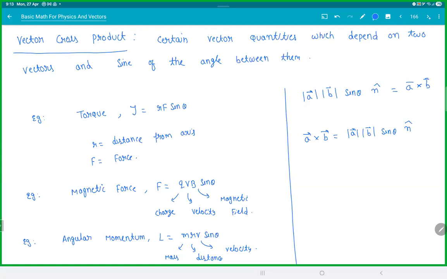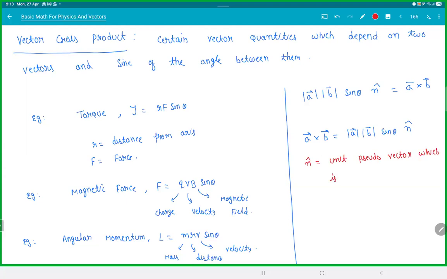So what is this n cap? This n cap is a pseudo vector. Remember pseudo vectors? These are the vectors which are out of the plane. They will give you the sense of rotation. We did a discussion on that. So you need a pseudo vector which is perpendicular to both a bar and b bar.